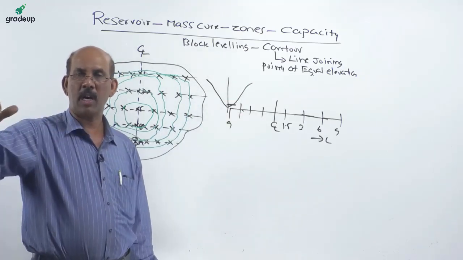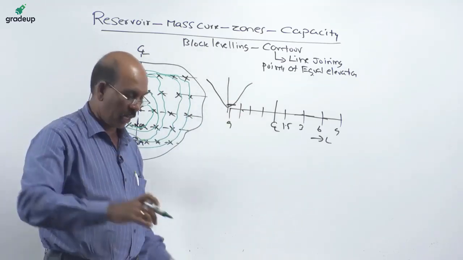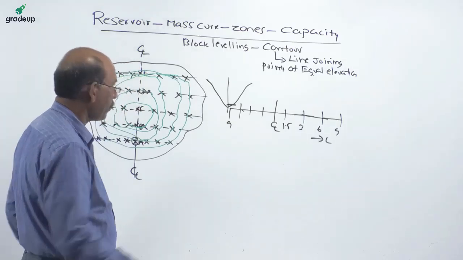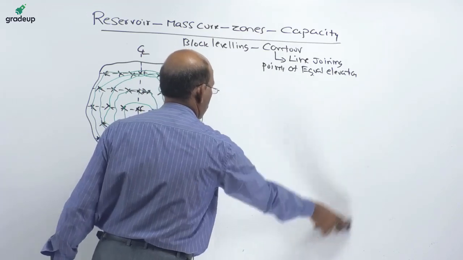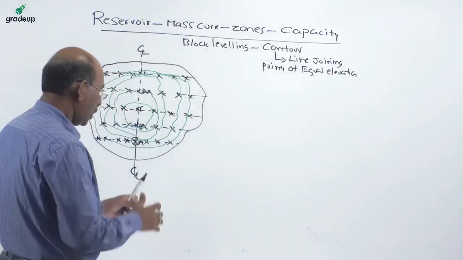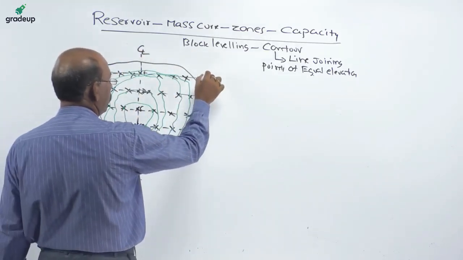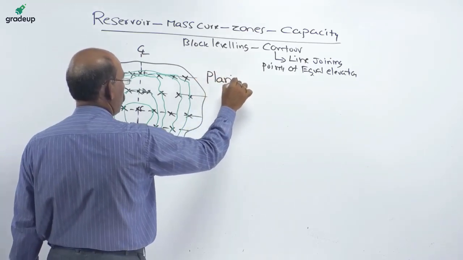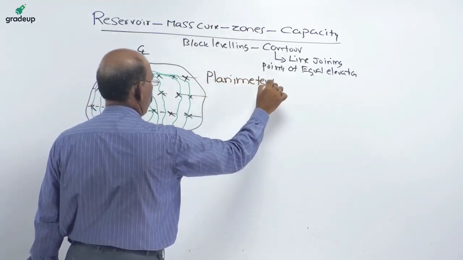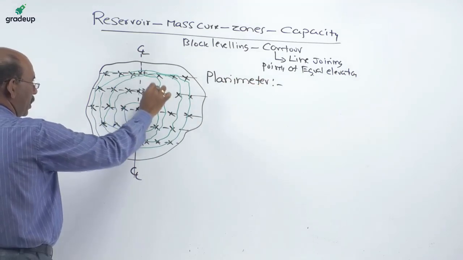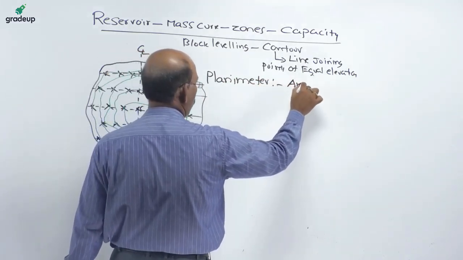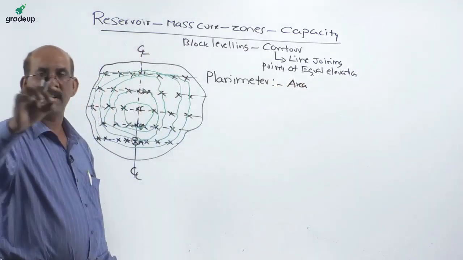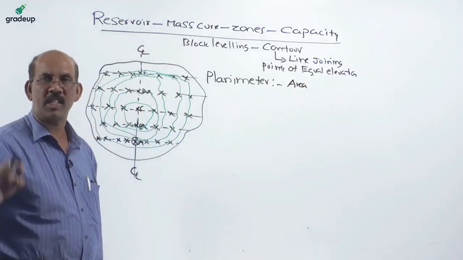Knowing the contour interval and using the planimeter, keep the planimeter on the contour and rotate it and calculate the area of every area enclosed by each contour.